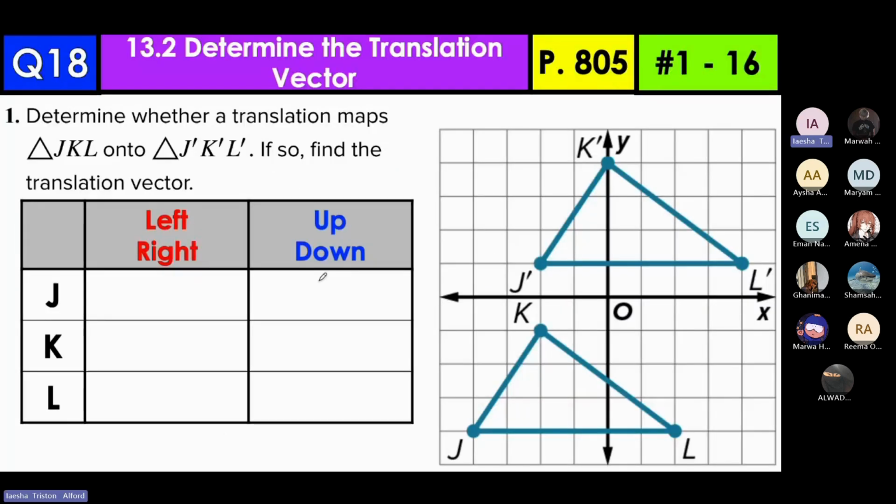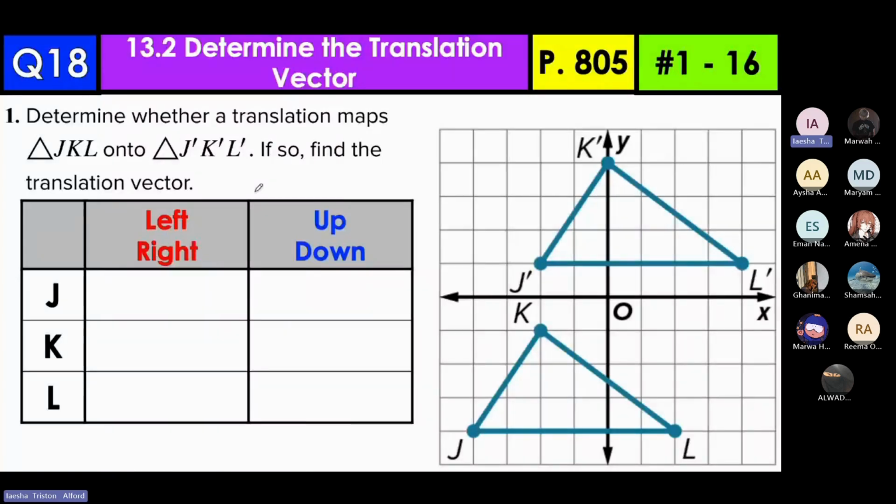So here's an example from the haiku. It says determine whether a translation maps triangle JKL onto triangle J prime K prime L prime. If so, what is the vector? So the first thing to do is to label the shape.